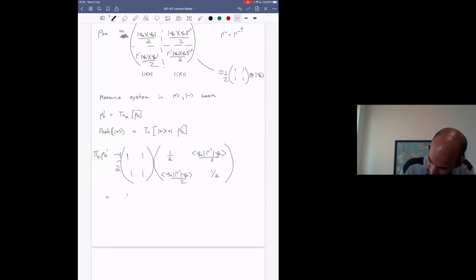So this matrix is going to be 1 by 4 of the following: 1 over 2, oh sorry, 1 plus this inner product, 1 plus this inner product. This is the minus inner product. This is the plus inner product. This is the minus inner product. And this is the plus inner product here. And it's always 1 plus, 1 plus.